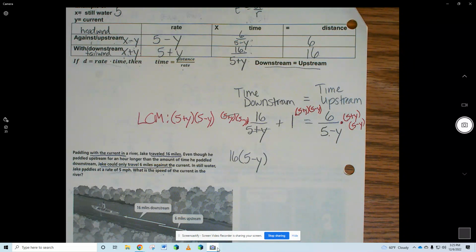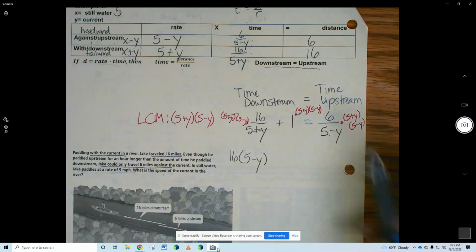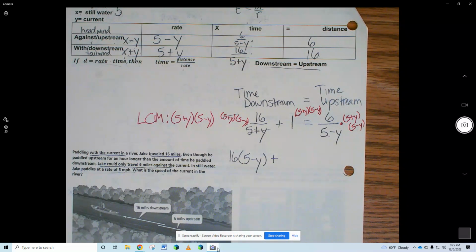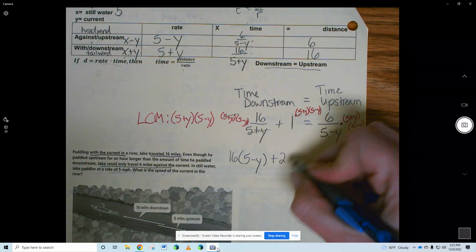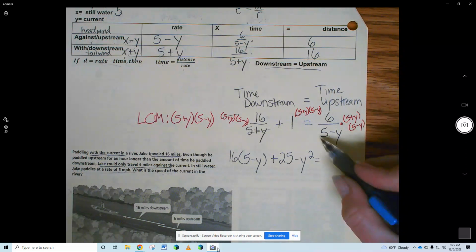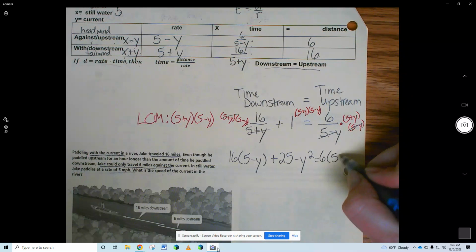Okay, the 1, you guys: what's 5 plus y times 5 minus y times 1? Isn't that like a special thing in factoring? It's a difference of squares: 25 minus y squared. And then I can cancel out this 5 minus y and this 5 minus y, leaving 6 times 5 plus y.